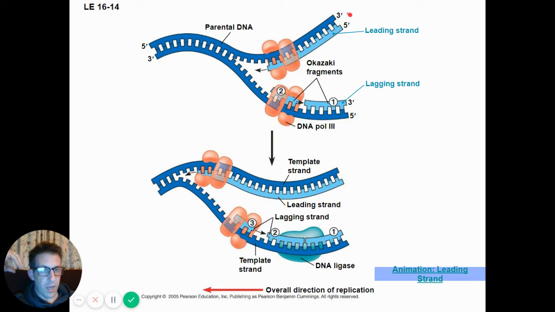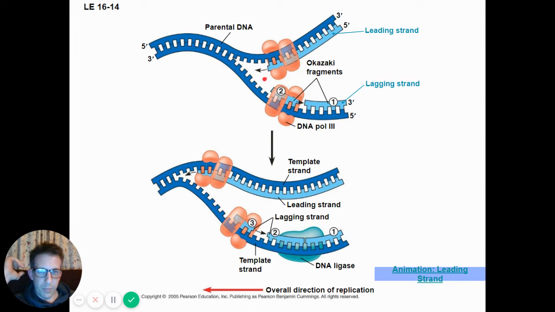So if this one's 3', this one has to be 5'. And so DNA polymerase, this big, chunky peach enzyme right here, will have started right where my red dot was. It started there and laid down DNA base pairs, starting at the 5' end and moving in the 3' direction of this new strand.